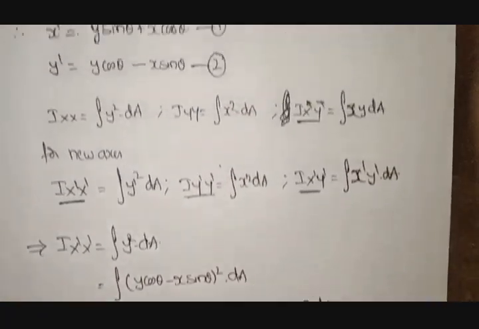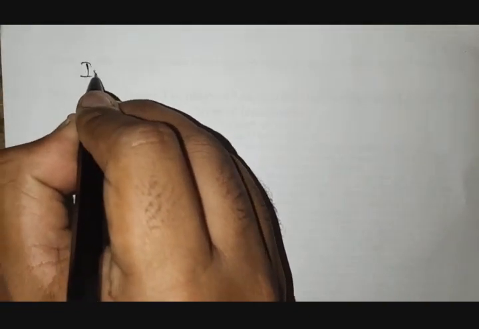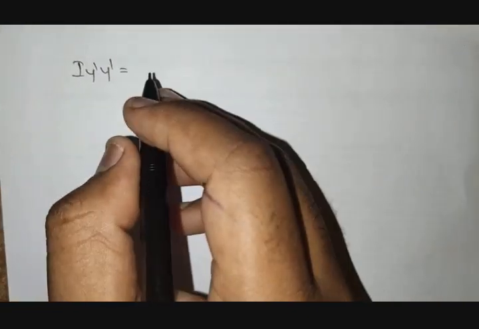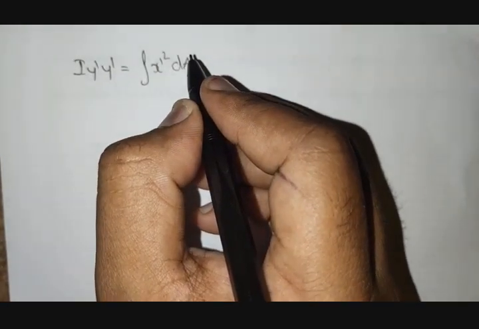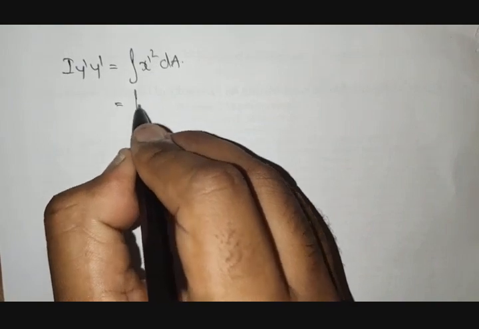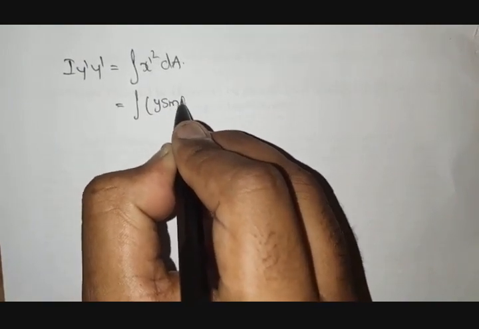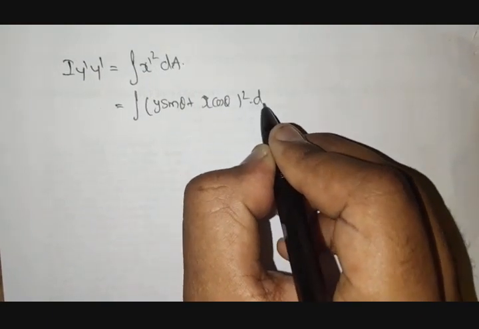Similarly, we will find the value of Iy dash. What is Iy dash? Integral x dash square dA. So if you are going to find integral x dash square dA, what is x dash? It is y sin theta plus x cos theta, whole square dA.